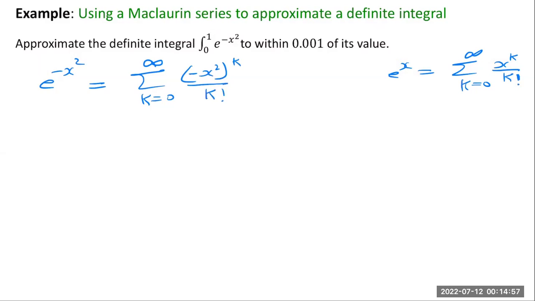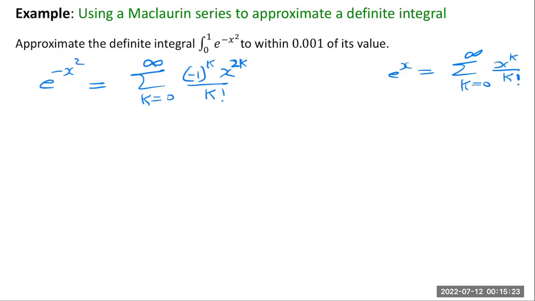Notice here that I can apply this k power to each individual term, to minus 1 and x squared. That will give you minus 1 to the power k times x to the power 2k. That's the Maclaurin series.